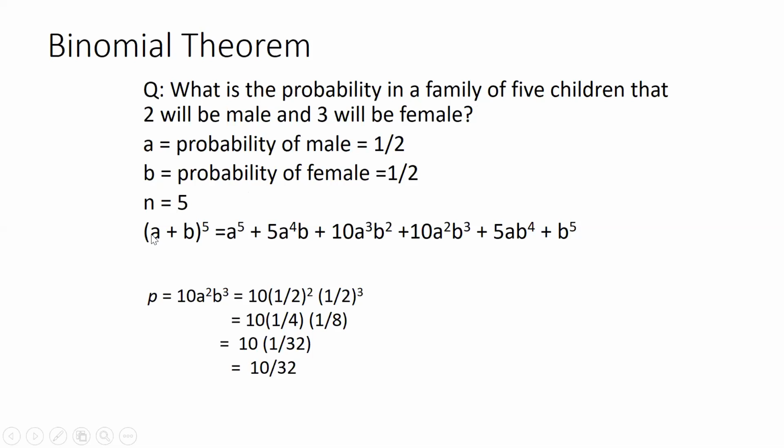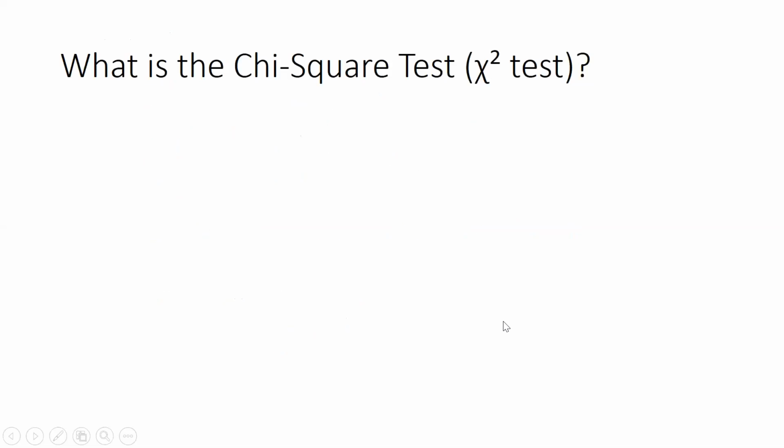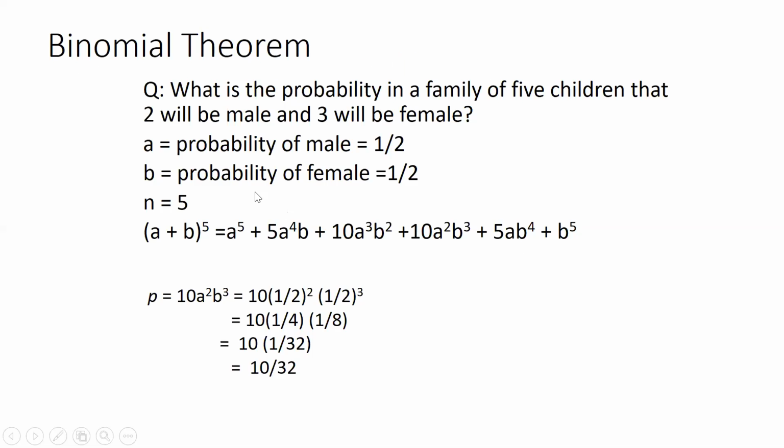So we go back to our chart, we find the one that has n equals 5. We take that expansion, and these numbers here, 2 and 3, become the exponents for A and B. So in this case we would be looking at 2 males and 3 females, right?